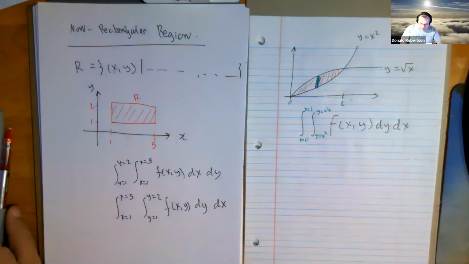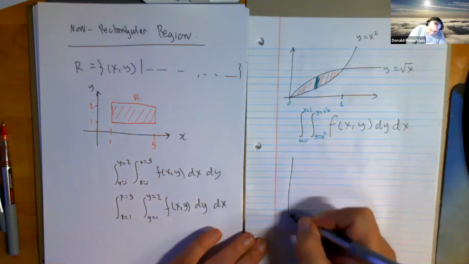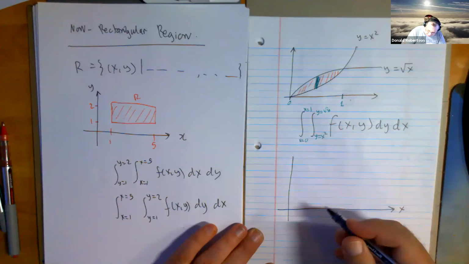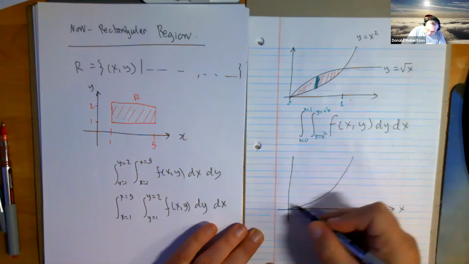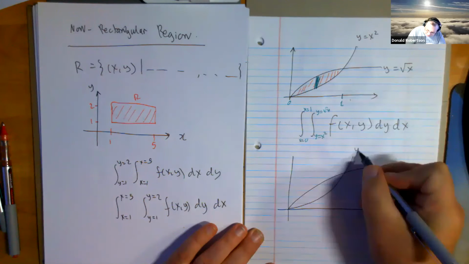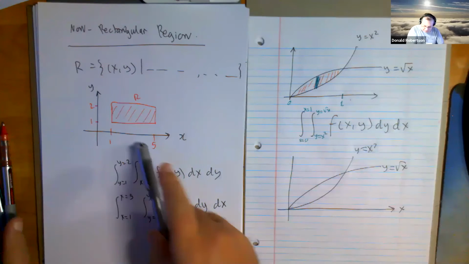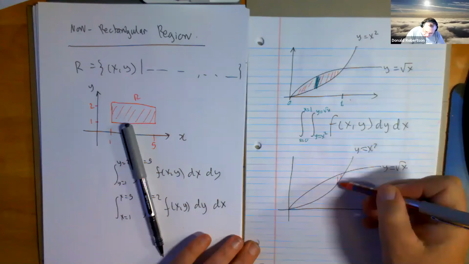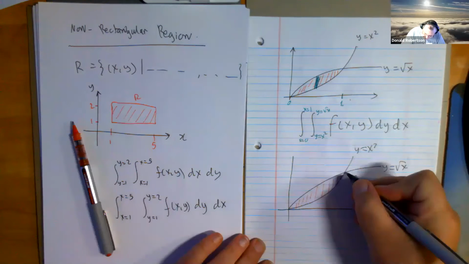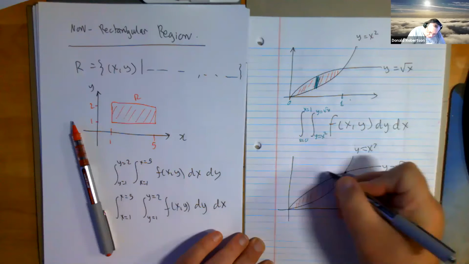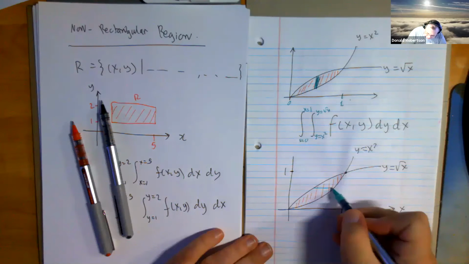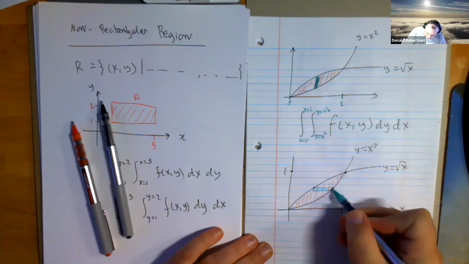But let's suppose that you're a contrary kind of person. Let's see if it is possible to do this same region the other way. Let's go that way.